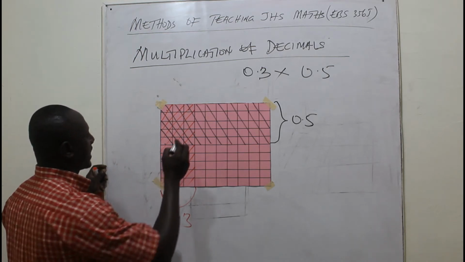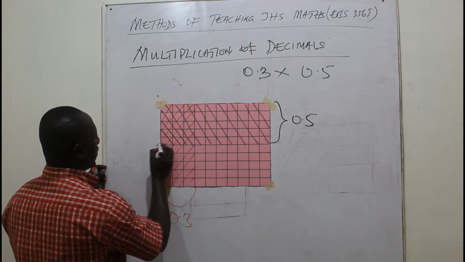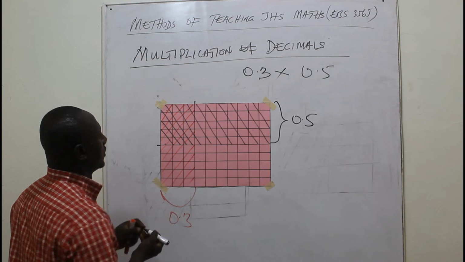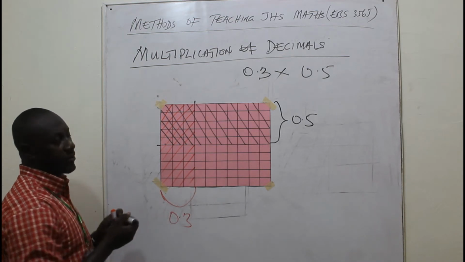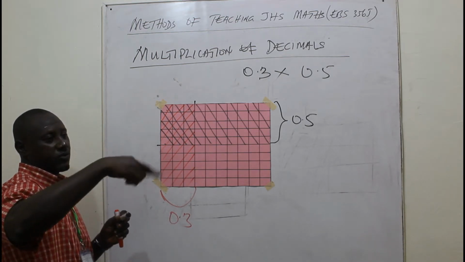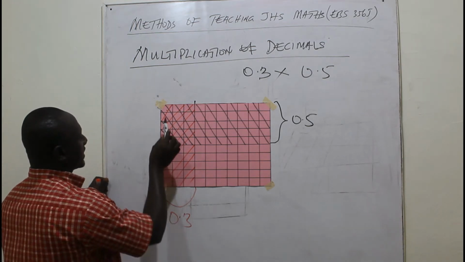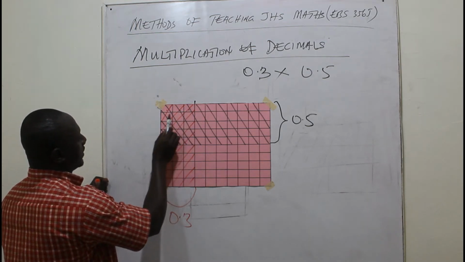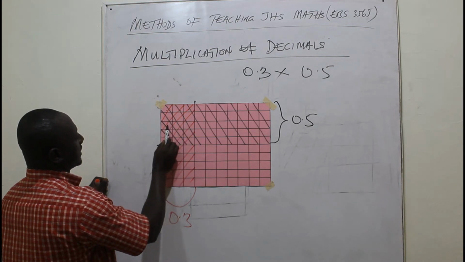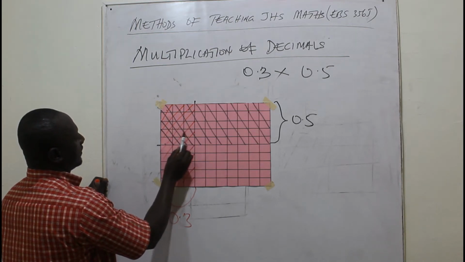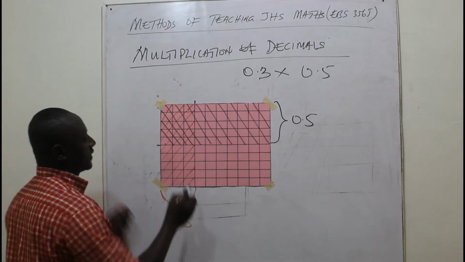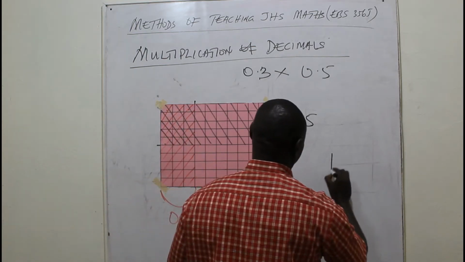And so you notice that it is at this point. So we are now going to count the number of regions that fall within the double shaded portion. So let's count. 1, 2, 3, 4, 5, 6, 7, 8, 9, 10, 11, 12, 13, 14, 15. So you have your 15 there.